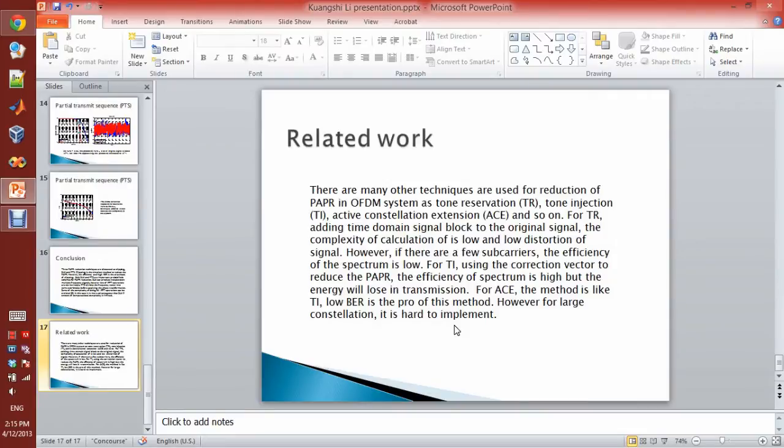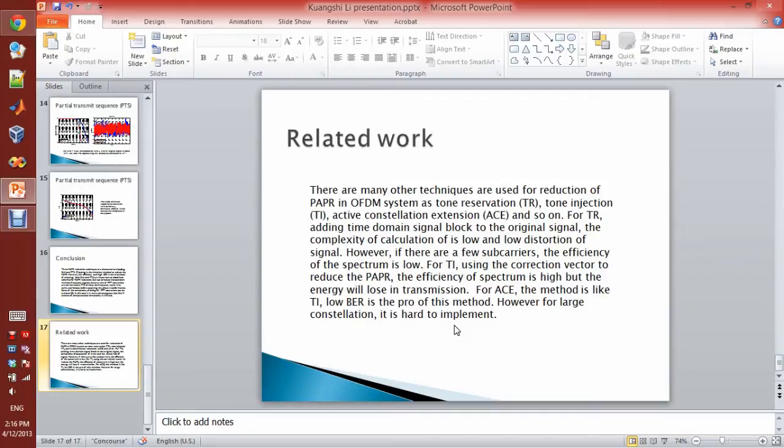Related work. There are many other techniques used for reduction of PAPR in OFDM systems, such as tone reservation, tone injection, active constellation extension, and so on. For TR, a time domain signal block is added to the original signal. The complexity of calculation is low and the signal distortion is low.